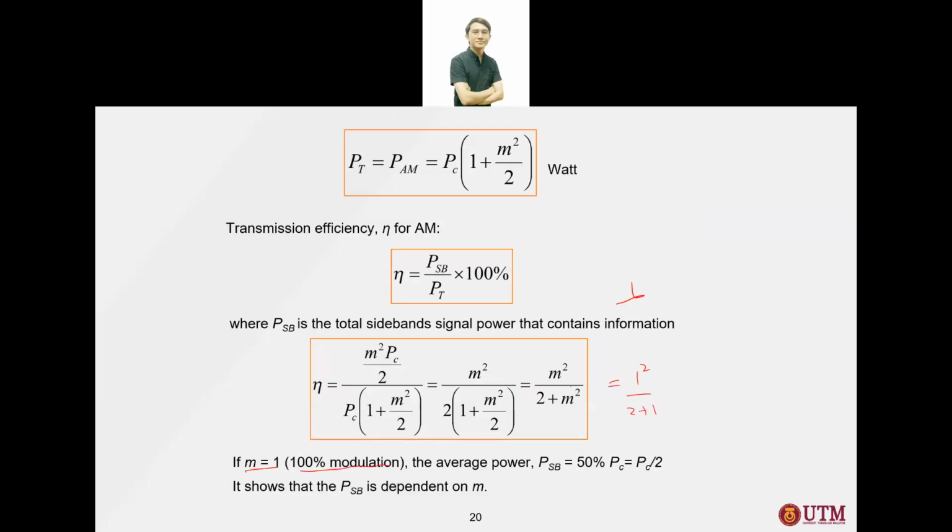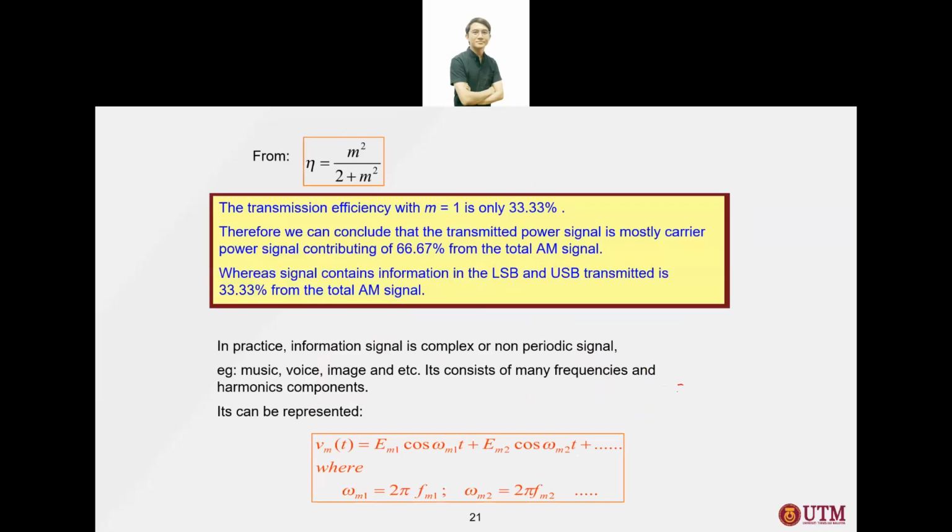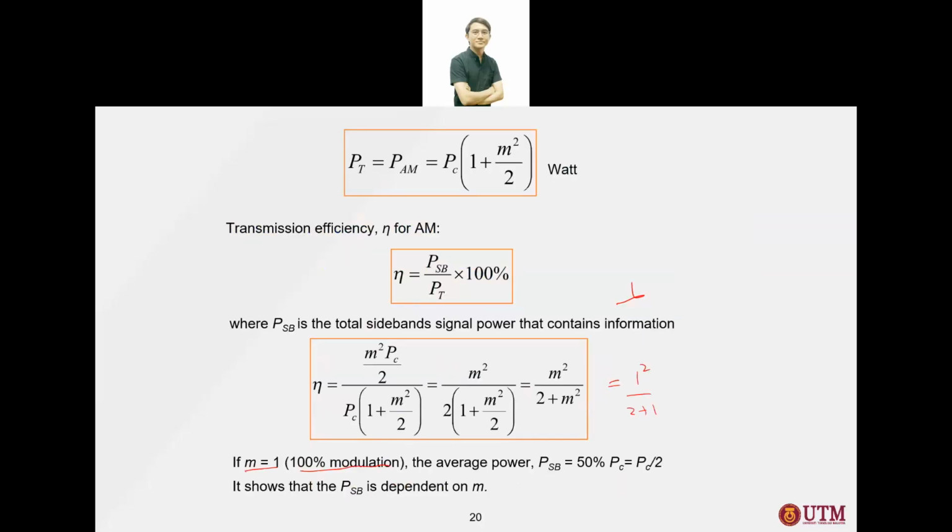So this is the efficiency, the transmission efficiency, 1 over 3. And the average sideband power PSB is 50% of PC. You just plug in the value.